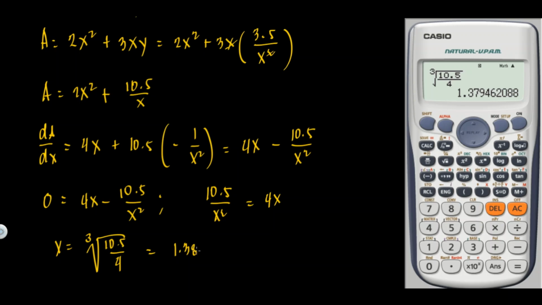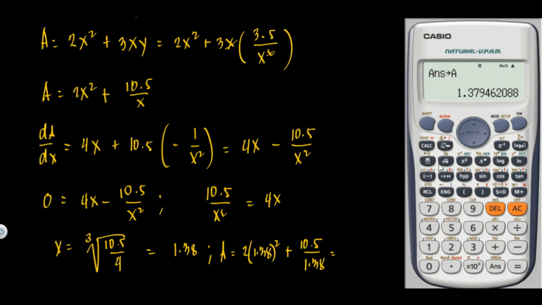Okay, so if this is 1.38, the area is 2 times 1.38 squared plus 10.5 over 1.38. Or A is equal to, okay, let's store this in memory.